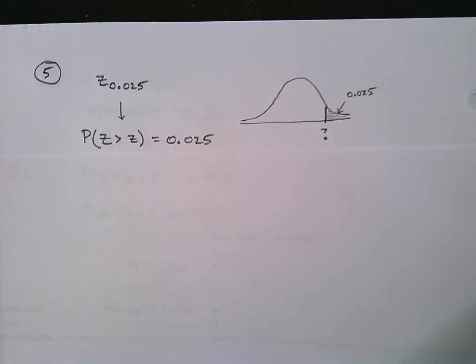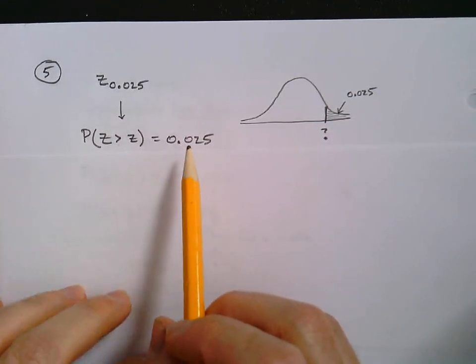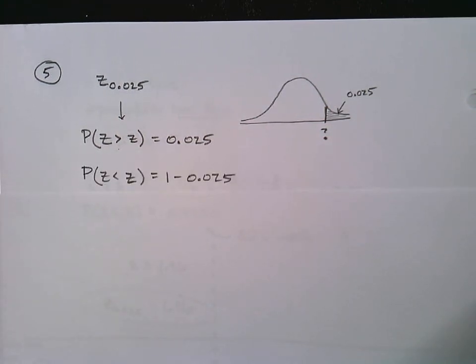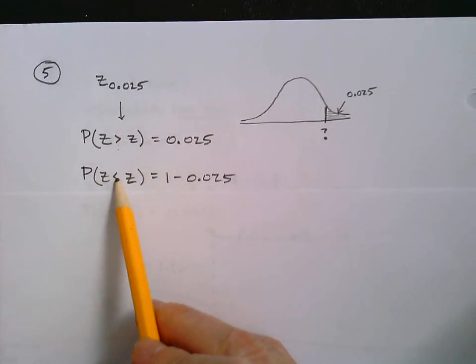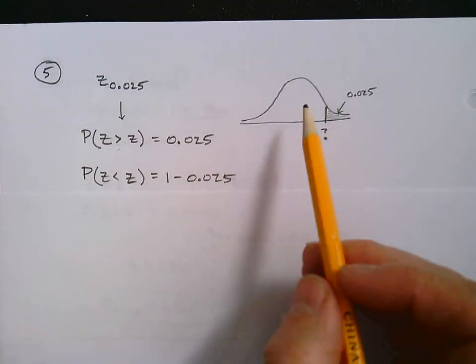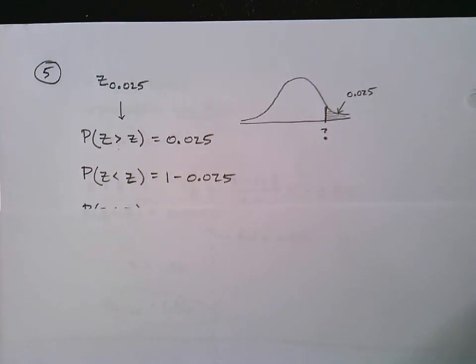Okay, so there's some issues here. For one, we're going to work backwards, of course, but maybe that's not so much of a big deal. It's the fact that we've got a greater than. Well, if they give us a greater than, we can switch it around to a less than if we take the complement. So instead, I'll just kind of pull the next one down once we subtract.